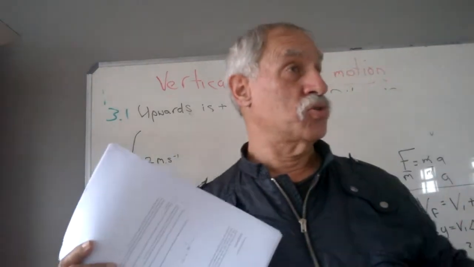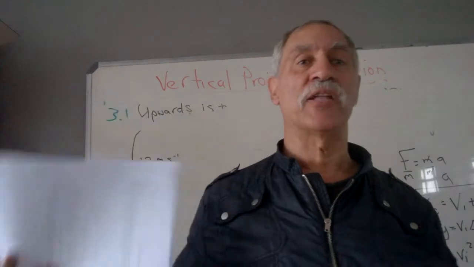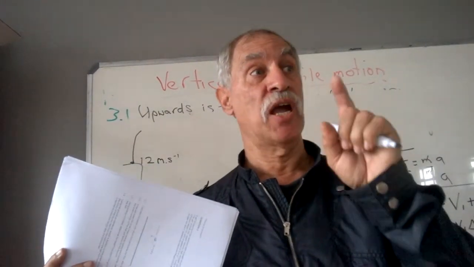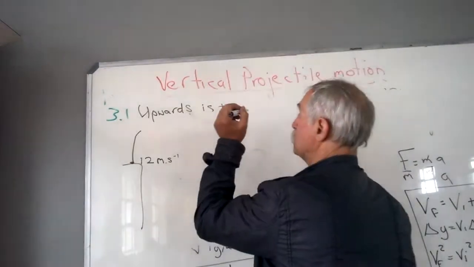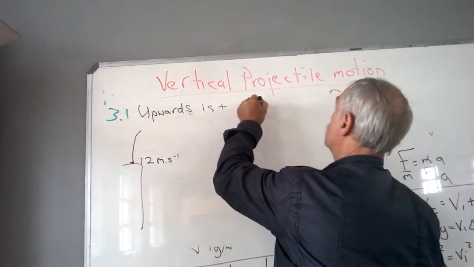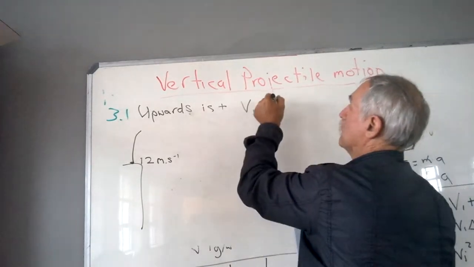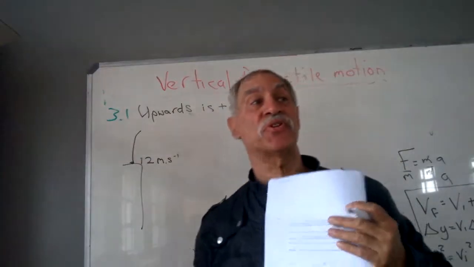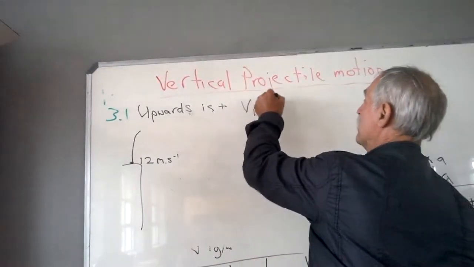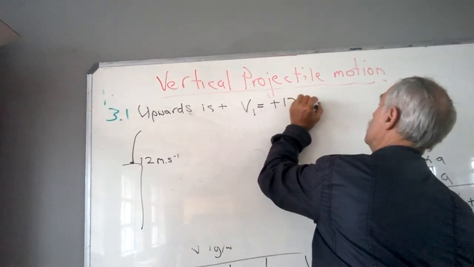What is 12? Which is it? Initial value? Final velocity? It's the VI. So because we don't want to get confused, we write VI equals plus or minus 12. Is it going up or is it going down? It's positive 12 meters per second.